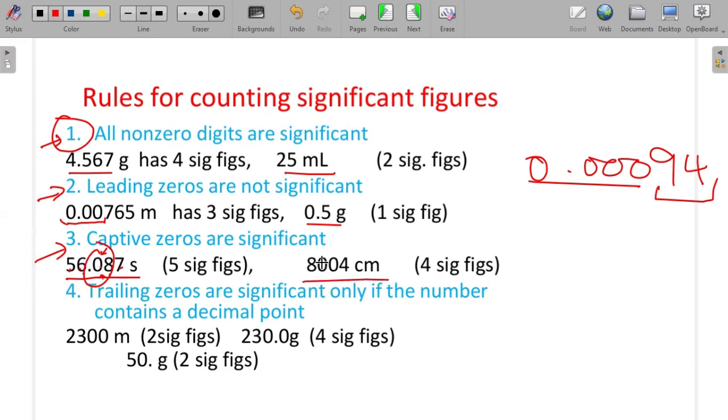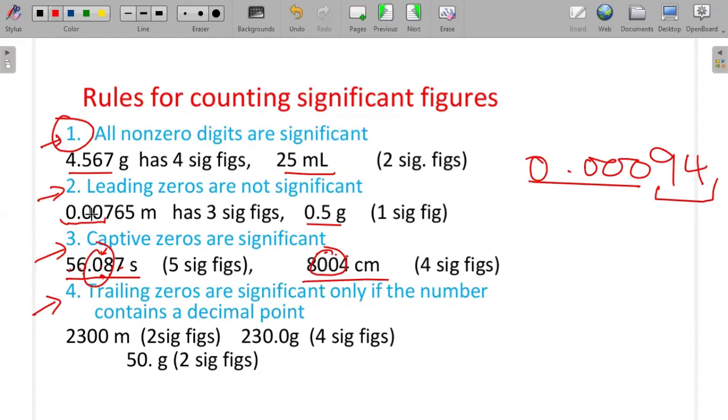Even here, we're going to count 1, 2, 3, 4, because these 2 zeros are between non-zero digits. So they're significant. Now the third type of zero has a rule that you should pay attention to. The fourth rule is about what we call trailing zeros.